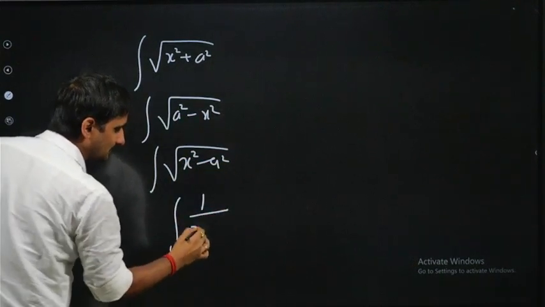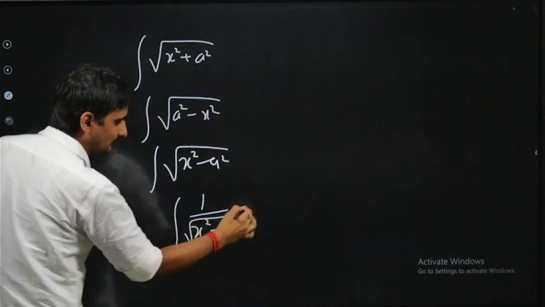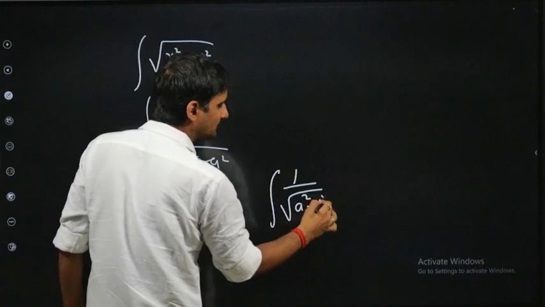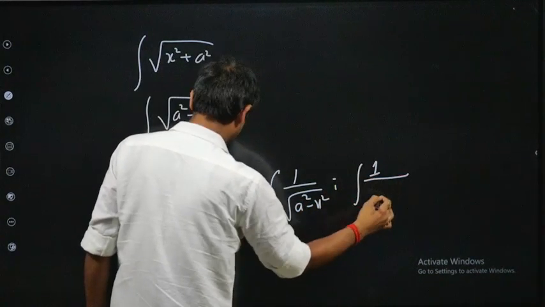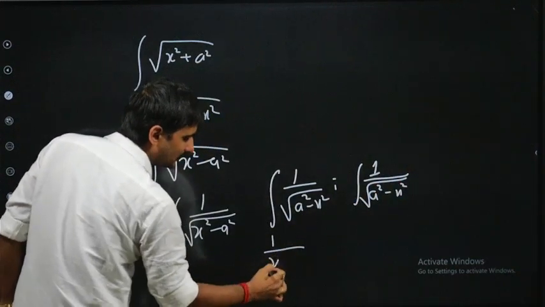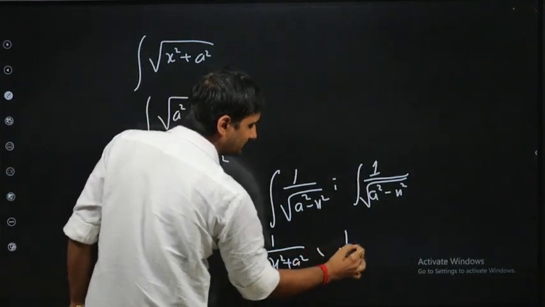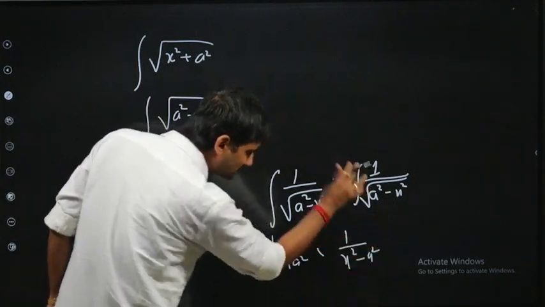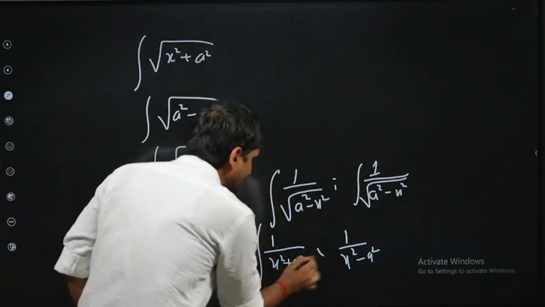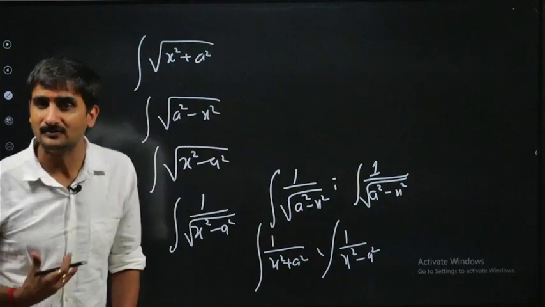Similarly, 1 upon x square minus a square, and 1 upon x square plus a square. These are 7-8 standard forms of integrals which you can't afford to miss or forget, bachcho.